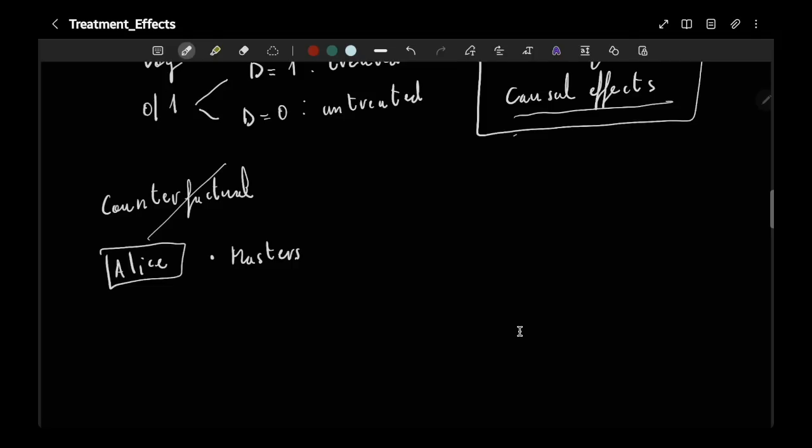Let's say that she now makes 70,000 euros per year. Would she still have earned as much if she had gone straight to work after finishing her undergraduate degree? So this is the counterfactual. What if instead of earning a master's degree, she went to work? What would have happened?